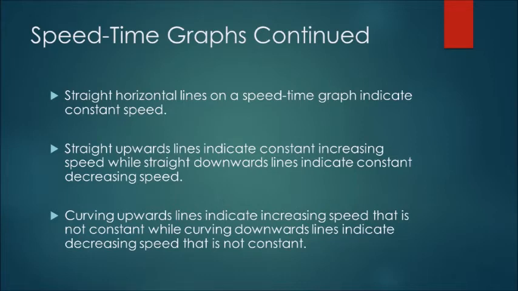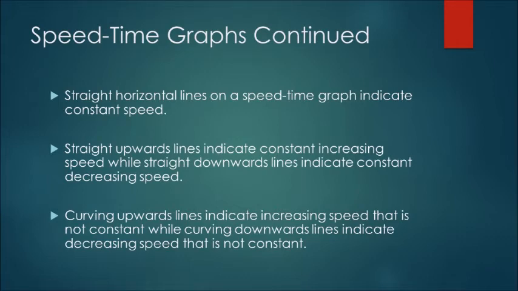First going upwards, we're increasing, and if it's going downwards, we are decreasing. If it's straight, we're going at a constant rate. Curving upwards lines indicate increasing speed that is not constant, while curving downwards lines indicate decreasing speed that is not constant. Same as on a distance time graph, if the line is curved, it is not constant.